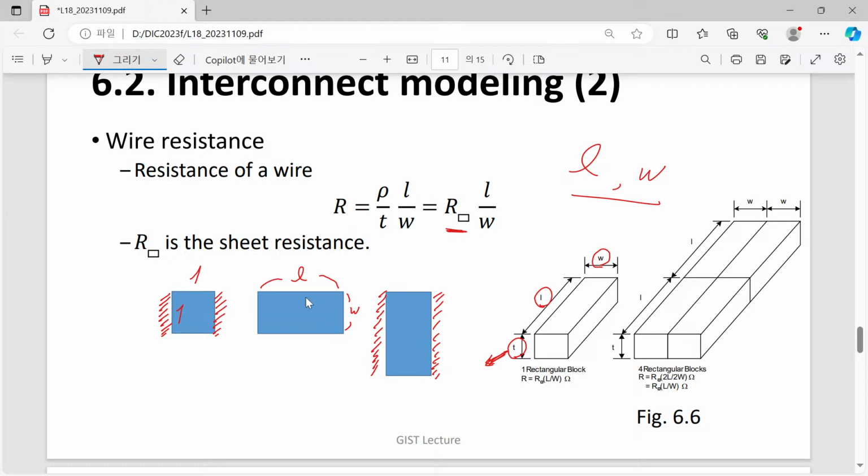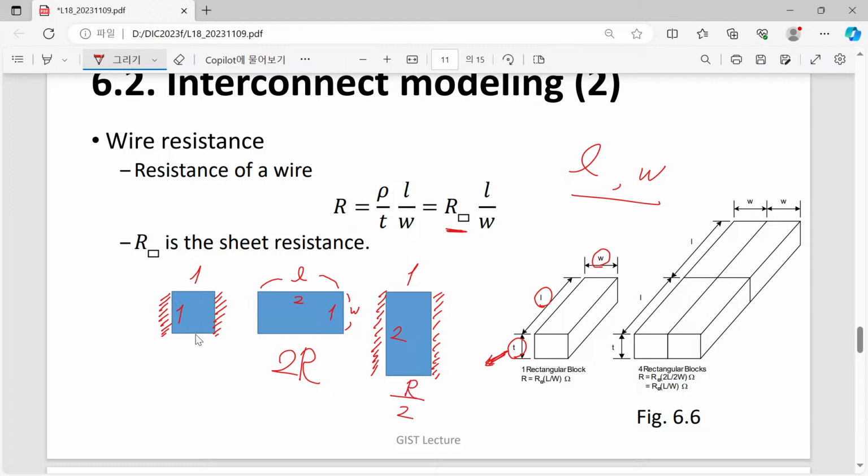If you increase your length twice while keeping the width, then you will have twice larger resistance. That is quite easy. While keeping the length equal to 1, if you increase your width twice, you will have half the resistance.